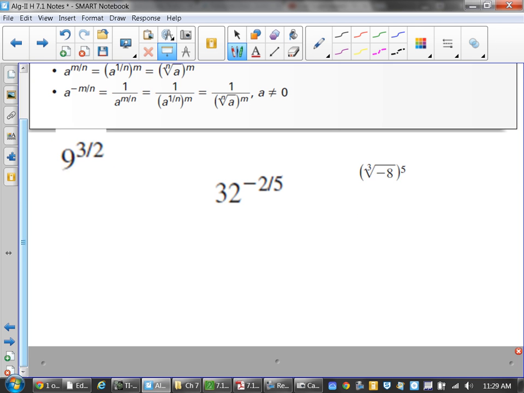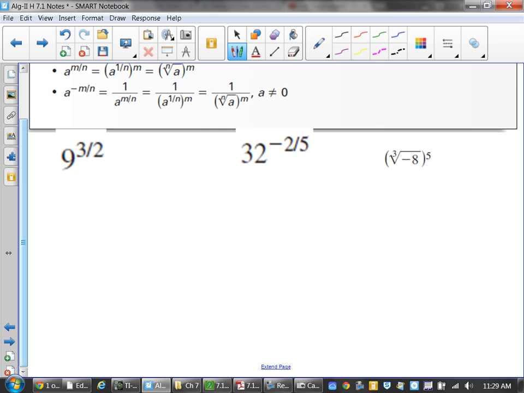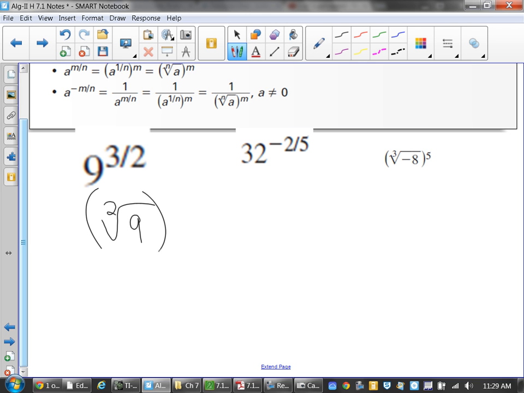Let's look at a couple of these, and I'll show you how very simple it is to figure out what 9 to the 3 halves is. That means it's the square root of 9, cubed.